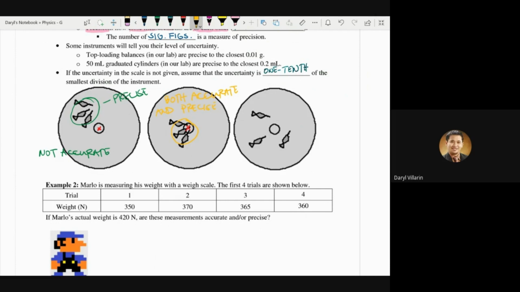And the third one here, again, we want to hit the center mark. So this shows that it is neither accurate nor precise. They're very far off from each other, plus they're also off from the center mark.